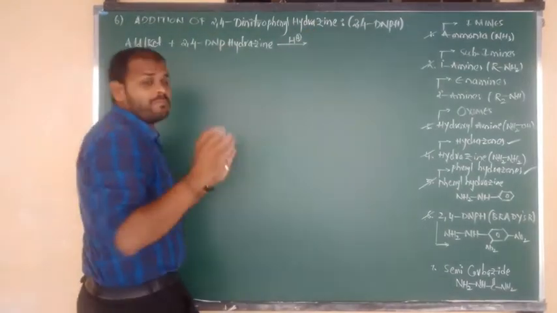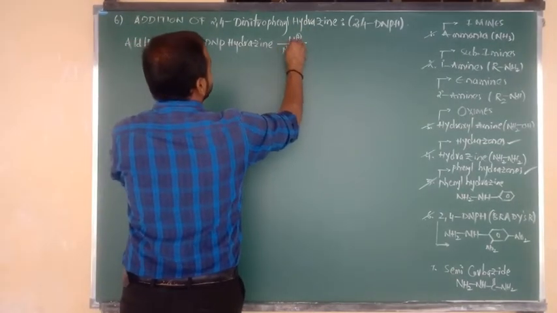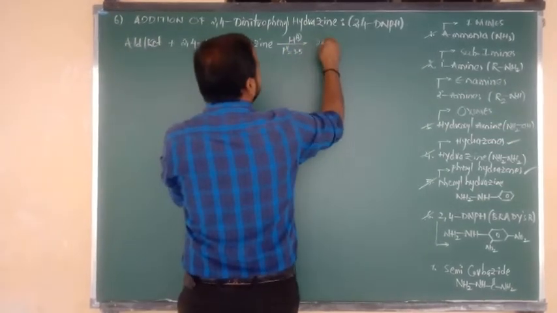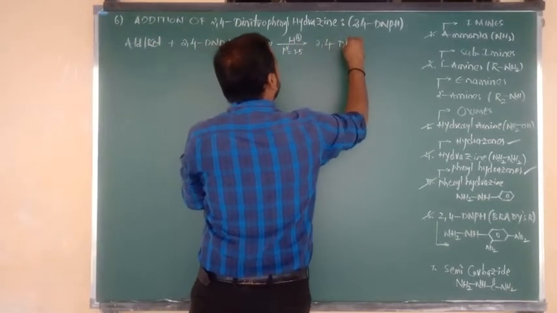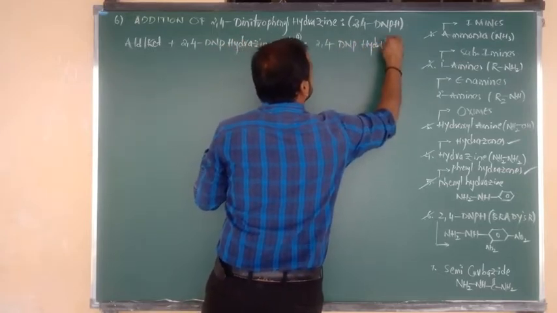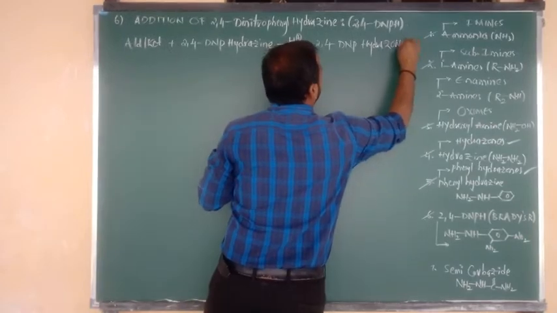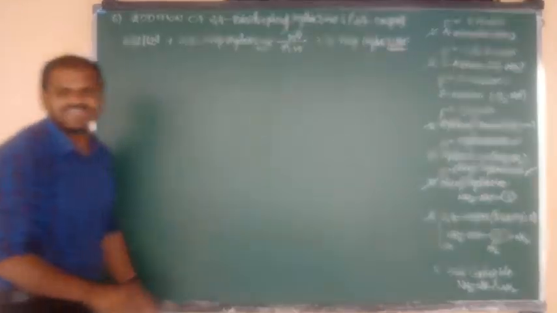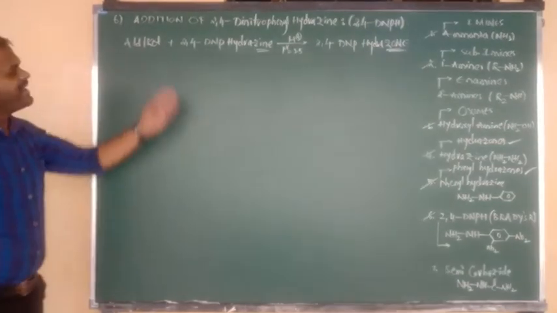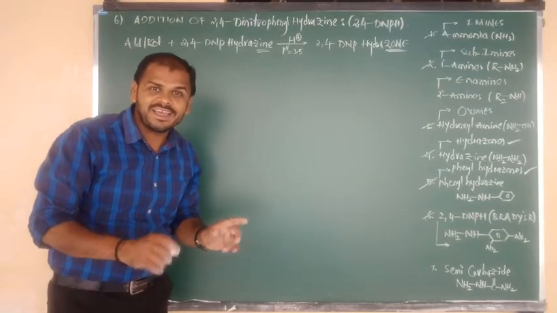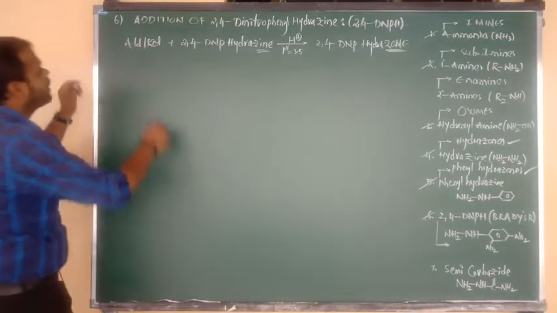Again here also the same pH value, beta. The pH is in the range of 3.5, and the product is 2,4-dinitrophenyl hydrazone. Again same thing, hydrazine converted into hydrazone. Remaining words, copy paste here also, beta. Once again I am going to revise.